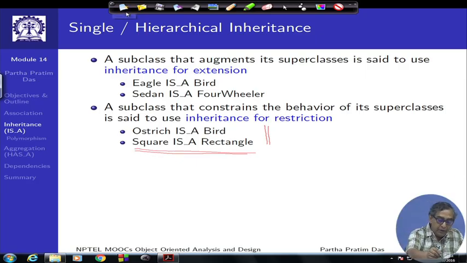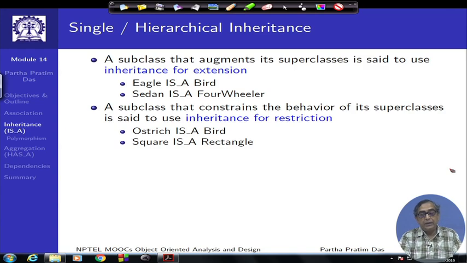So, whenever you look at the hierarchy, the inherent sense most of us keep getting is that inheritance is for extension, that I am adding more and more properties, but please keep in mind that the addition of properties could actually mean extension, or it could mean restriction in many cases as well.